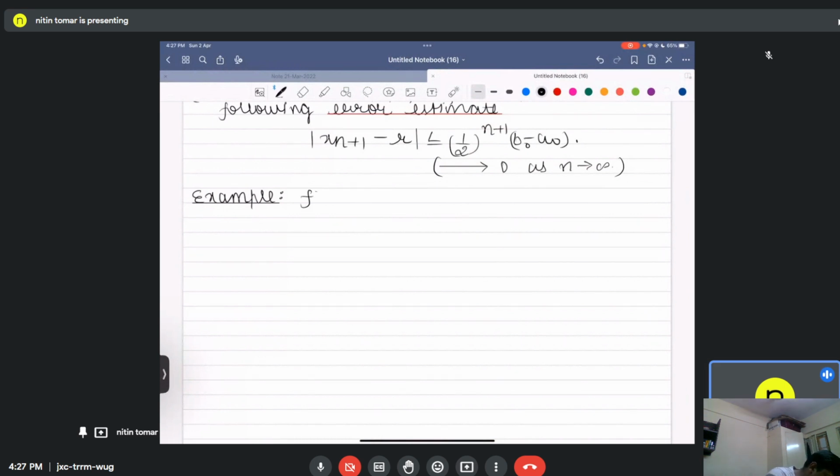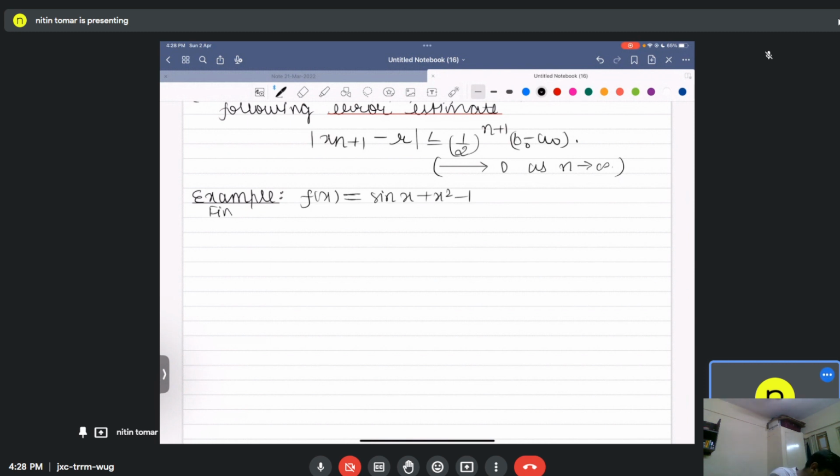To start with a simple example, let us say you have to find a root of this function, sin x plus x square minus 1.